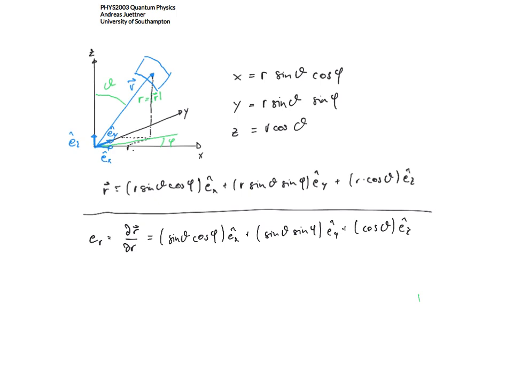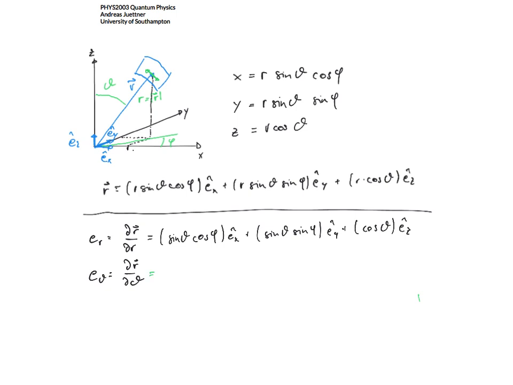So this is our candidate for a unit vector once we've normalized it, in the r direction. Good. So we can do the same with the other directions. The direction theta will be, we wiggle r with respect to theta. So I have again my vector r, and I now wiggle around in this plane at constant radius in the direction of this angle theta. I make theta a tiny bit larger, a tiny bit smaller, and that corresponds to the derivative.